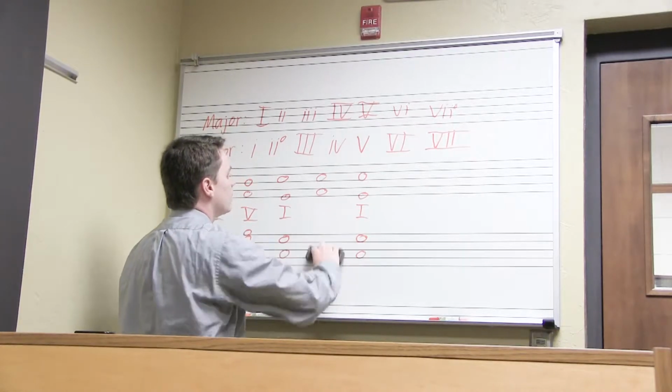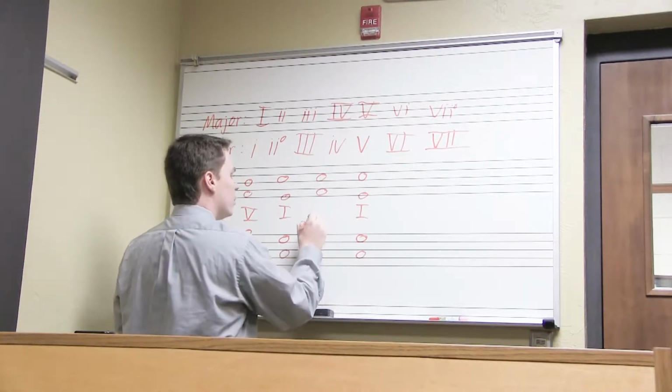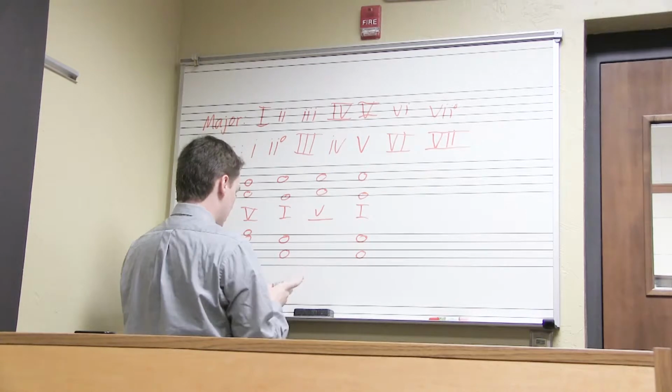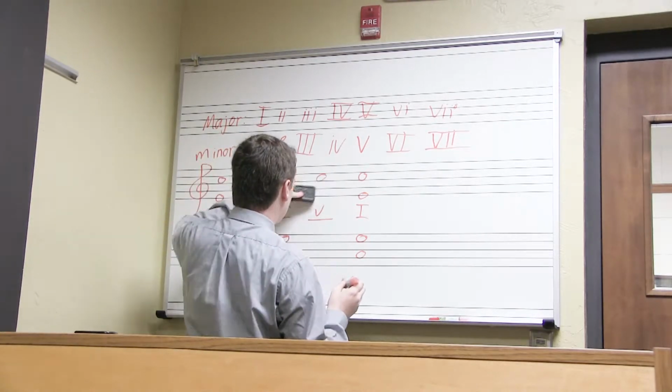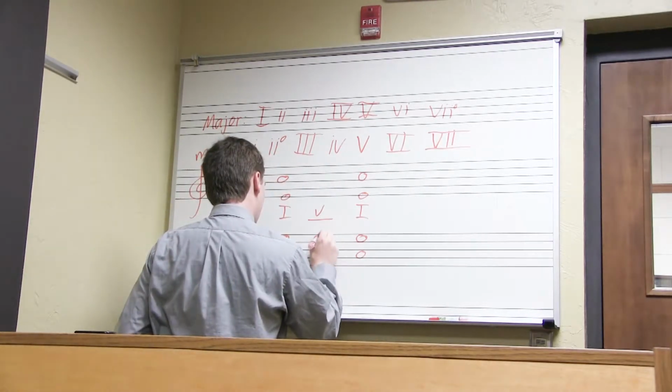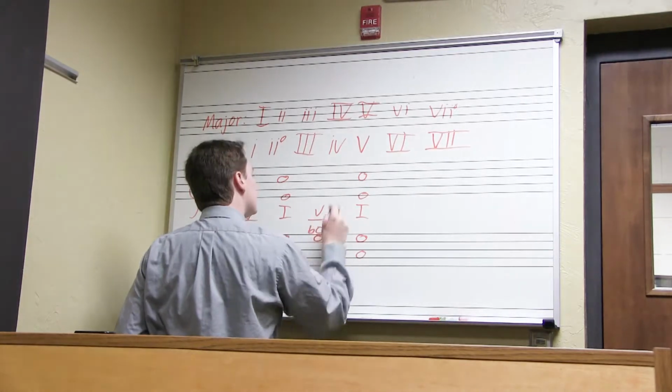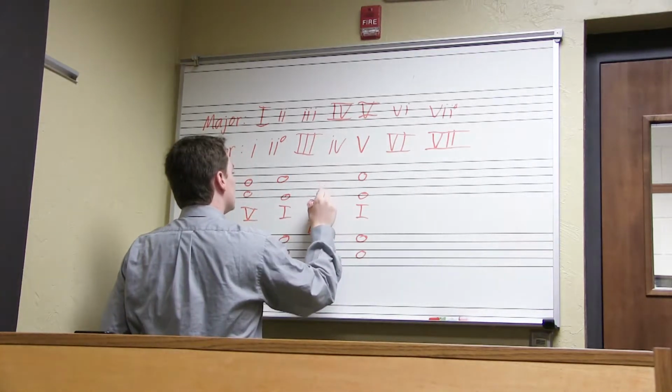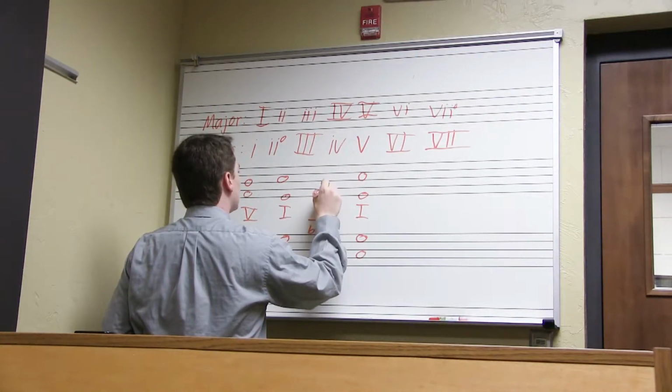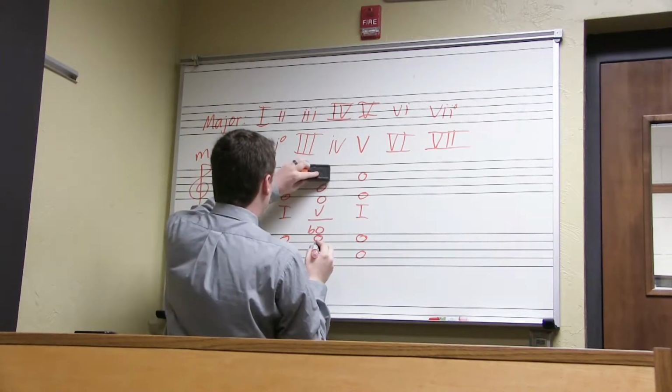Let's do this again with the 5 chord. You won't see the minor 5 chord in a progression very often, but it happens every once in a while. Let's say flat. We'll do it that way.